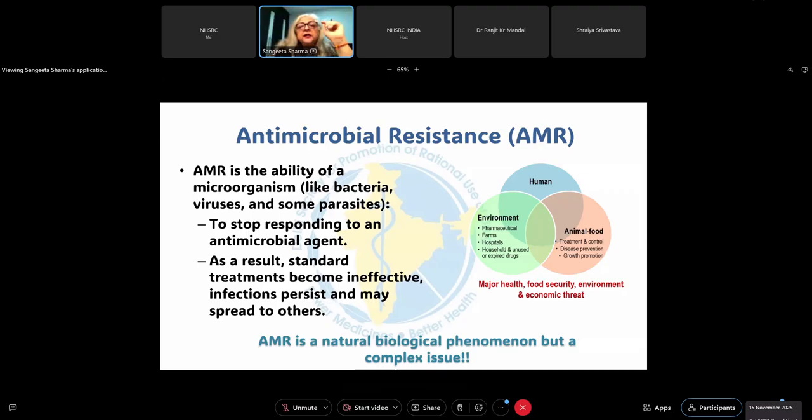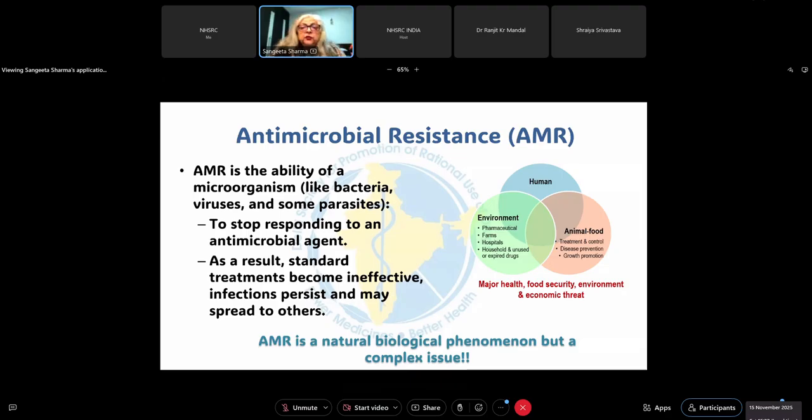It is the germ's ability, the microorganism's ability, to overcome and stop responding to an antibiotic, or an antimicrobial agent for that matter, because this is seen with bacteria, with viruses, with fungi, and even in parasites.